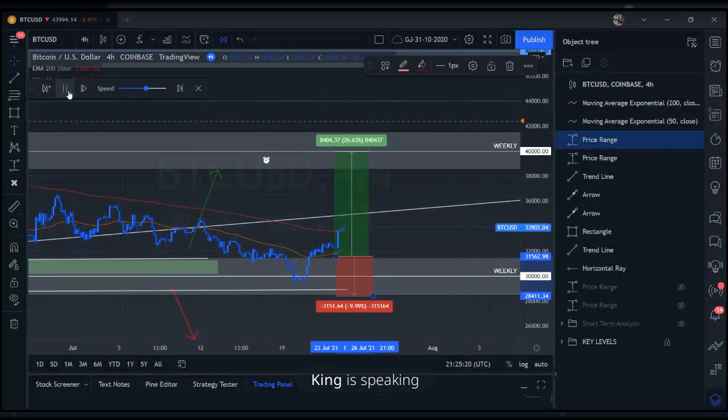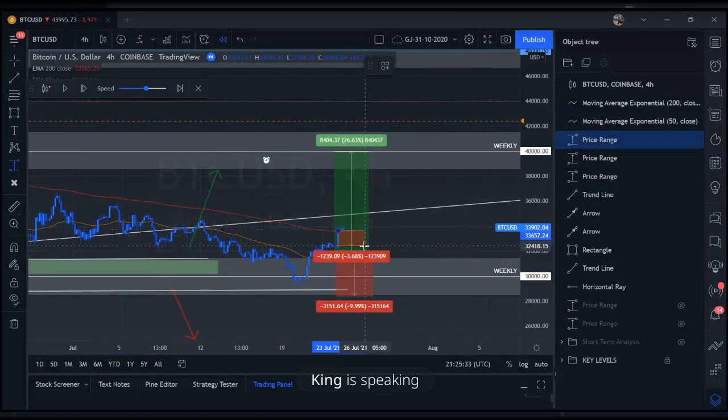Boom. Now we're playing with the 200 EMA. Here, you might think, okay, my trade from here to here is going good. This is another sign here. We've got 6% from entry.